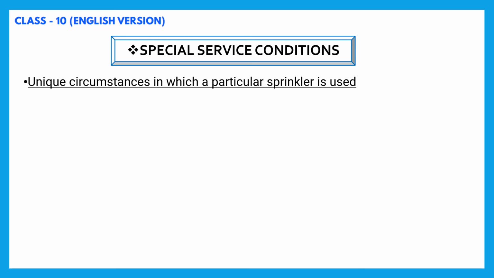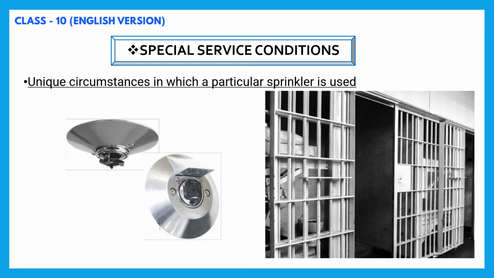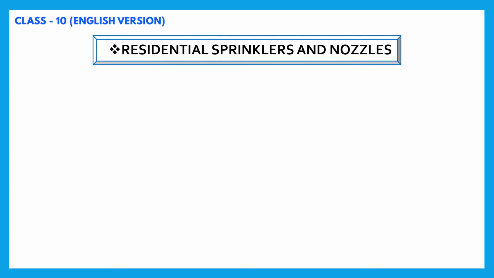So it means in special cases we have different kinds of sprinklers that will be used. Let's go through various other sprinklers and nozzles that can also be installed in particular circumstances based on the project specifications, requirements, NFPA 13 standard or local authority regulations.